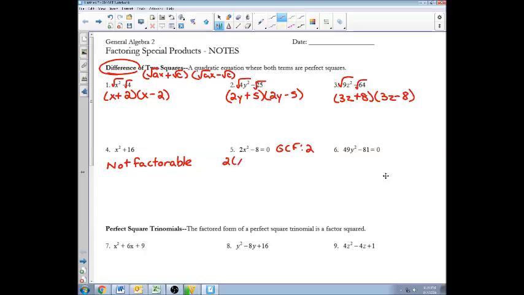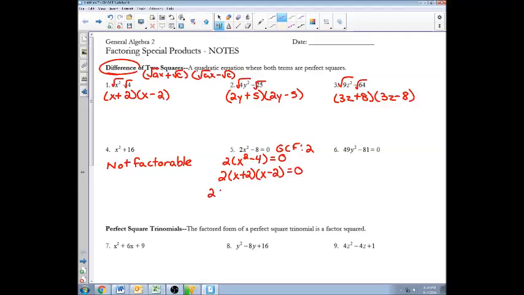Can pull out the 2. That will leave me with x squared minus 4, all that equal to 0. Now that inside the parentheses, I have the difference of two squares because x squared is a perfect square, 4 is a perfect square. So I can write that as x plus 2 and x minus 2. All that would be equal to 0. From here, I can use the zero product property.